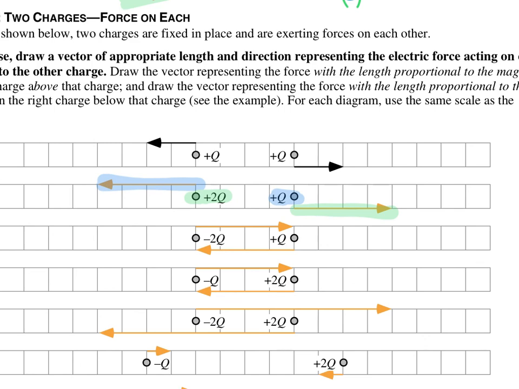Then the last one is the same distribution as we had in D as far as charges go, but now double the distance. So I would take the situation in D and it has to be 4 times smaller, right?